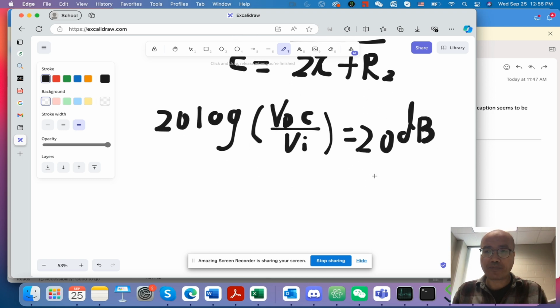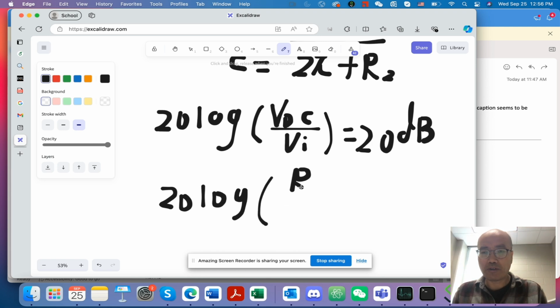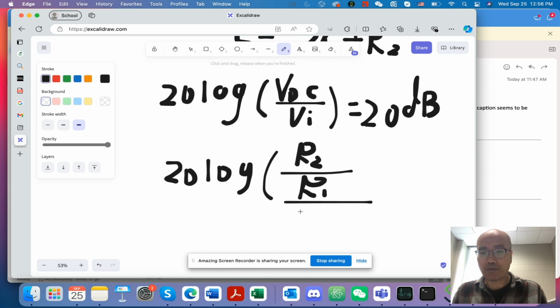And this one here is 20 log of R2 over R1 divided by 1 plus R2 SC, equal to 20.